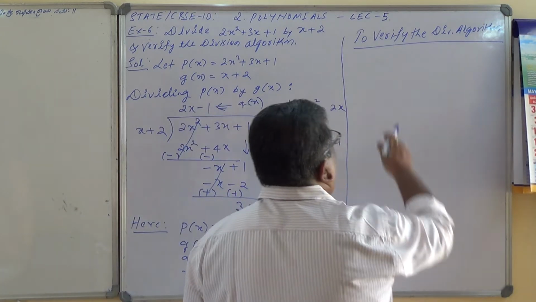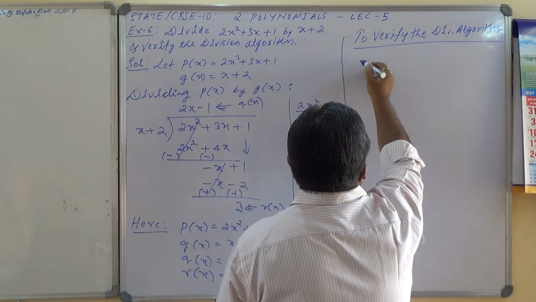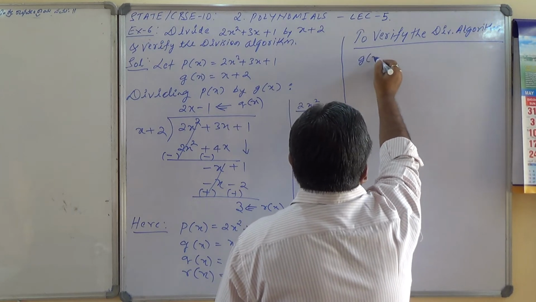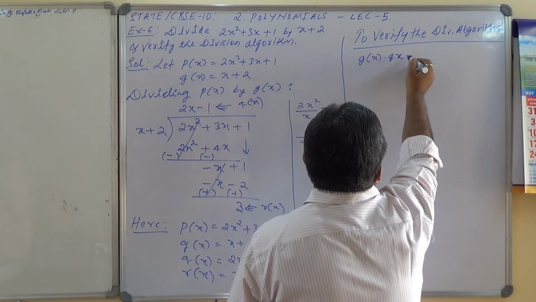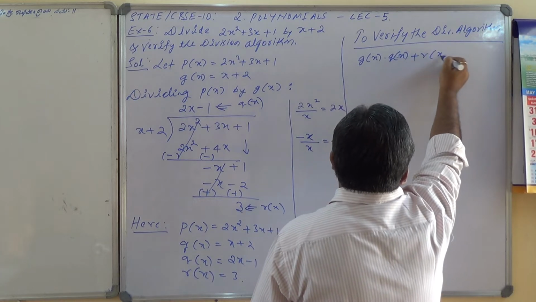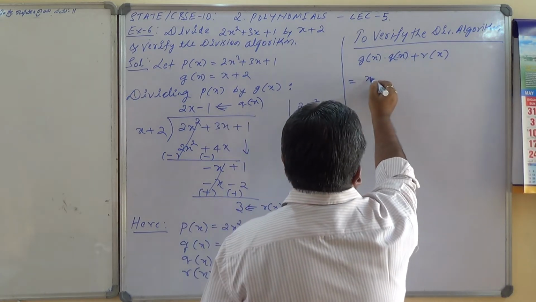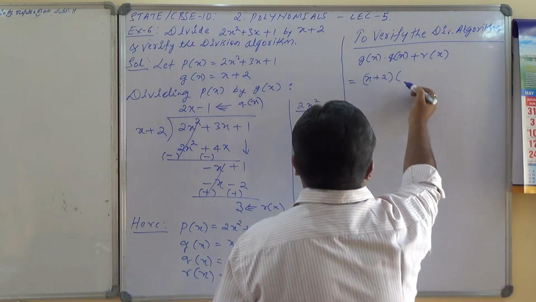Okay. So let me write here now. To verify the division algorithm, g of x into q of x plus r of x equals, what is g of x? X plus 2 into q of x.